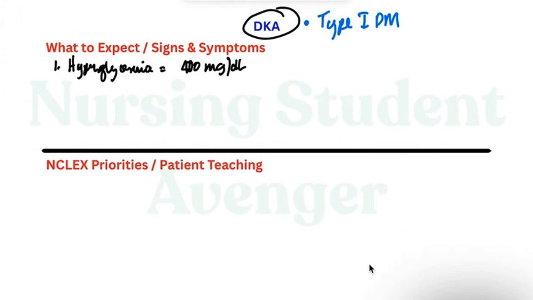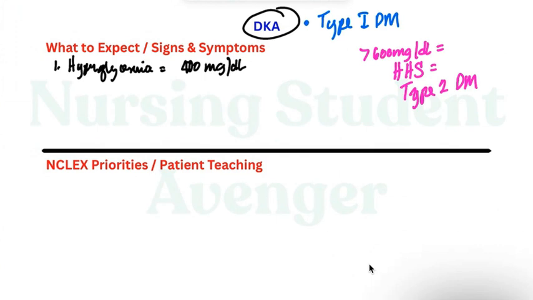If the blood sugar is greater than 600, that would be your hyperosmolar hyperglycemic syndrome, which is another type of hyperglycemic episode, but this is typically for type 2 diabetes, right?